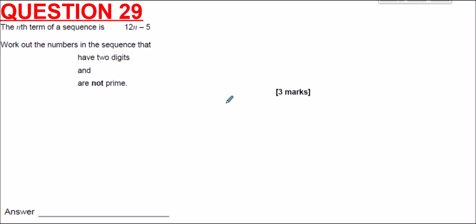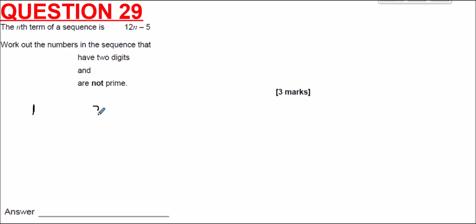Question 29, about the nth term. So we're told what the sequence is. It's 12n minus 5. You need to work out the numbers in the sequence that have 2 digits and are not prime. And so 12n minus 5, you can actually work out the terms here.